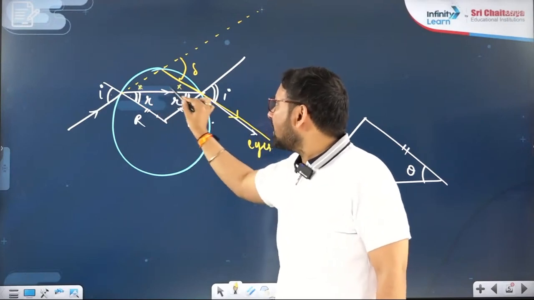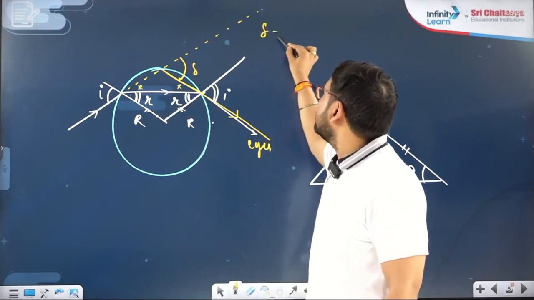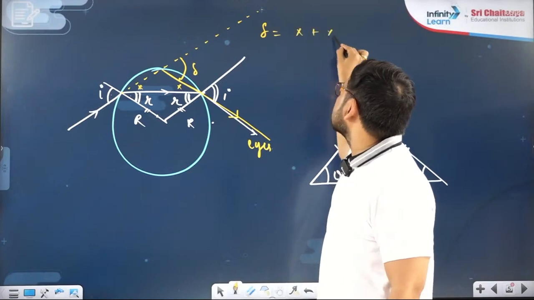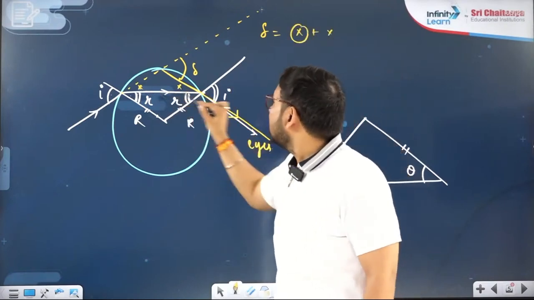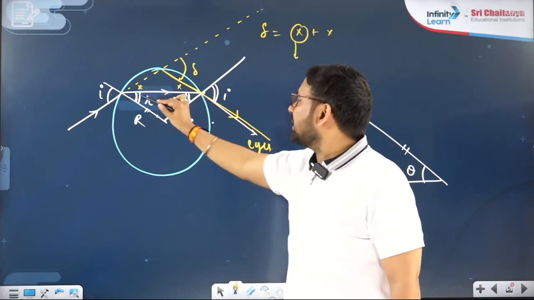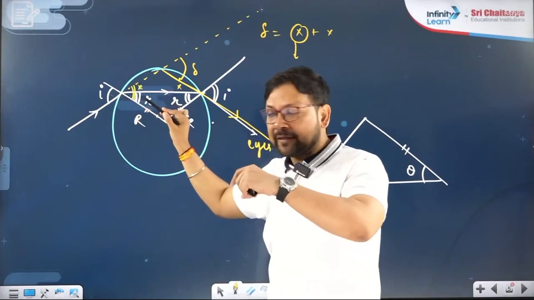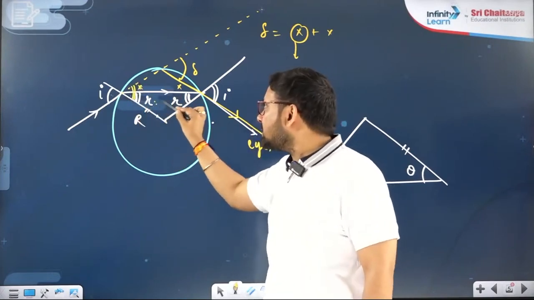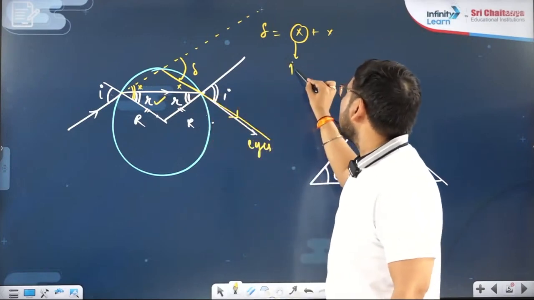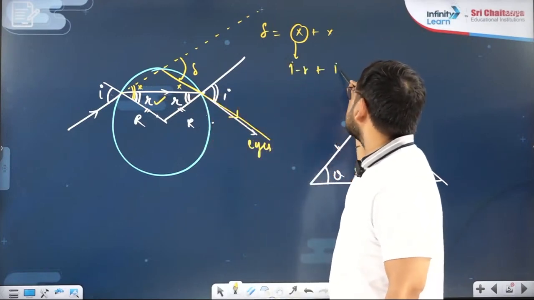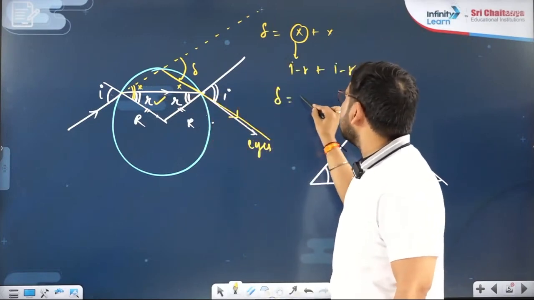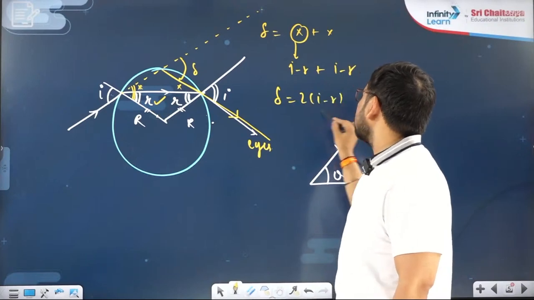These two crosses are the two interior angles, so delta will be cross plus cross. What is the value of this cross? See the geometry: the total vertically opposite angle is I. If the total is I and this is R, the cross value is I minus R. Similarly, this is also I minus R, and the deviation will be 2(I minus R).